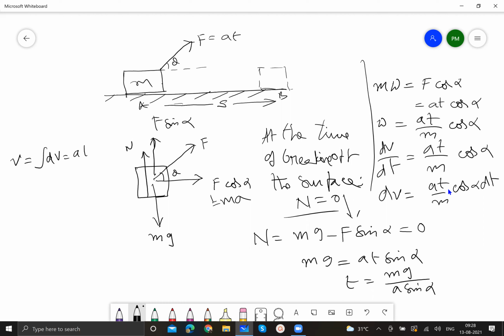It is A cos alpha by M is constant into integral T dt. Therefore, I get velocity as A cos alpha T square by 2M.